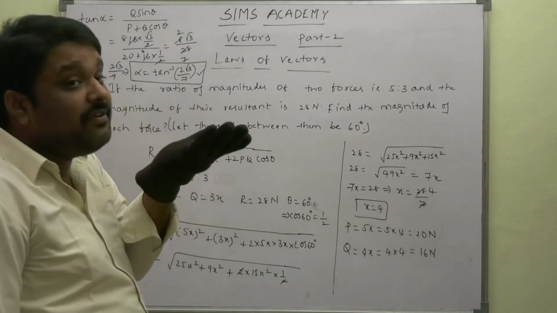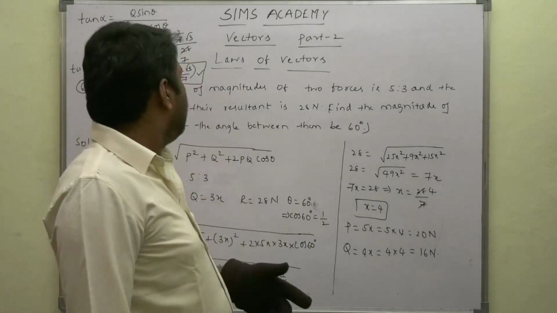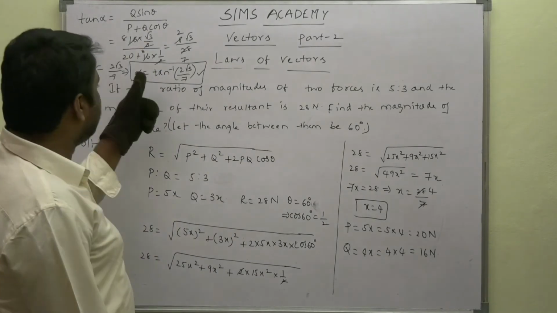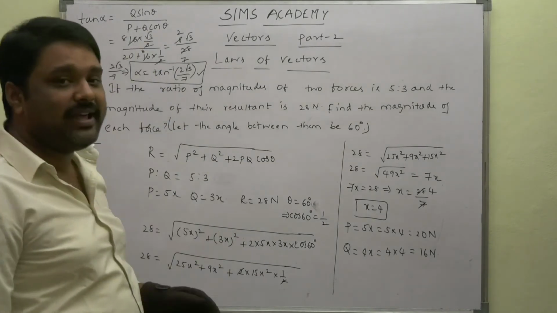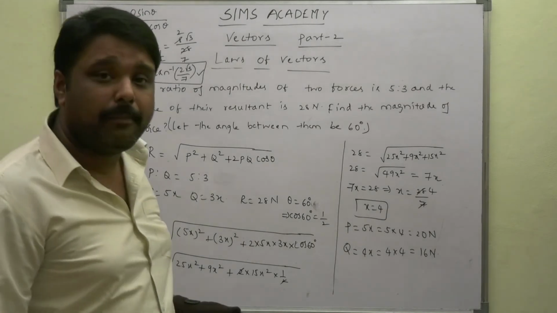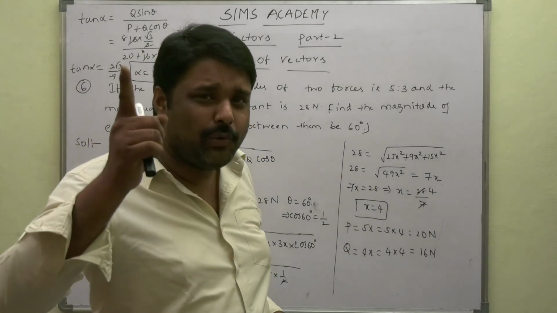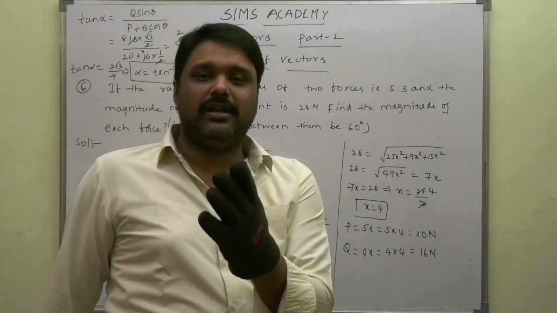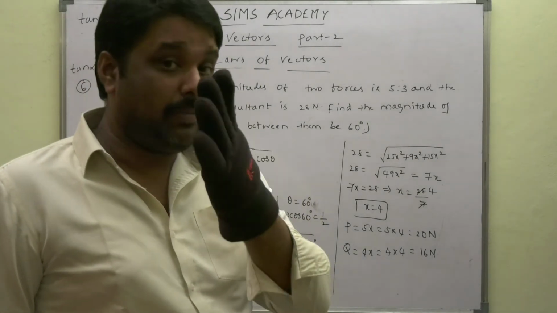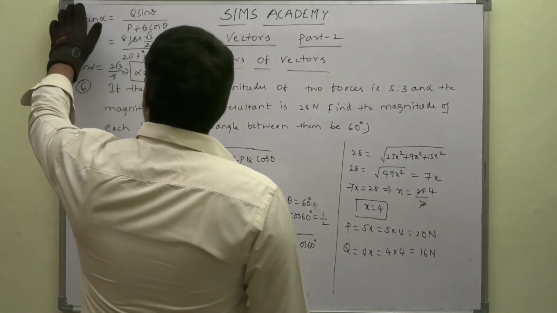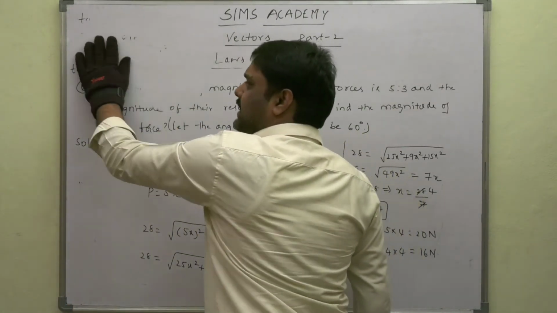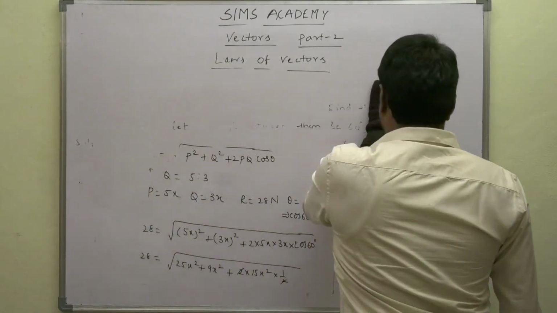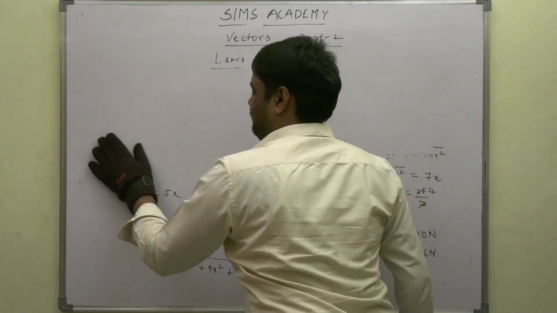If he asks us to find the direction of resultant, then we have to substitute. This is the angle made by the resultant with p or q, which is very important. Alpha is the angle made by the resultant with the vector p bar. Okay, now let us move on to another problem.